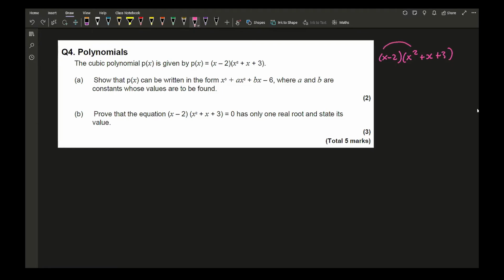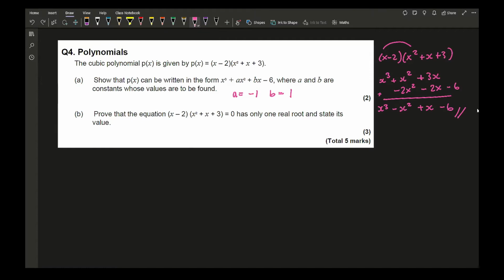Expanding the brackets out, I get x cubed plus x squared plus 3x minus 2x squared minus 2x minus 6. Adding them all up, I get x cubed minus x squared plus x minus 6. So here we've got values of a equals minus 1 and b equals positive 1.